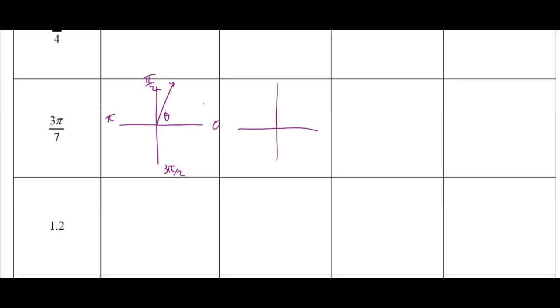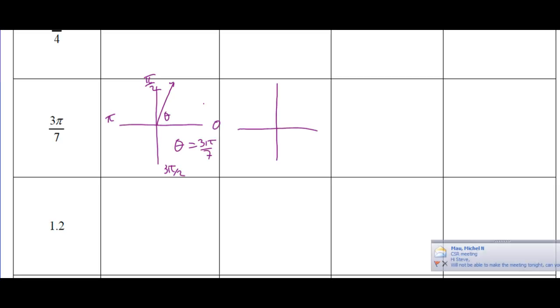Okay, so this angle, the quadrant 1 angle, is just the rotation angle, right? So theta is equal to 3 pi over 7. Now, how many 7s is this? You've got to say how many 7s this is. So this is pi, so it's 7 pi over 7, right?